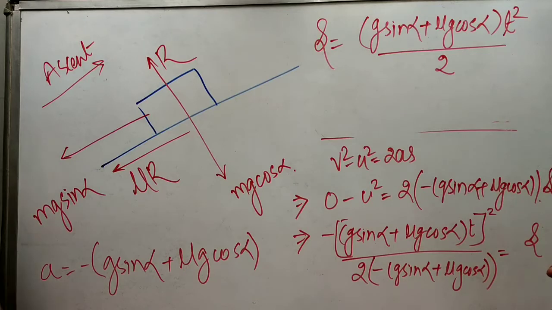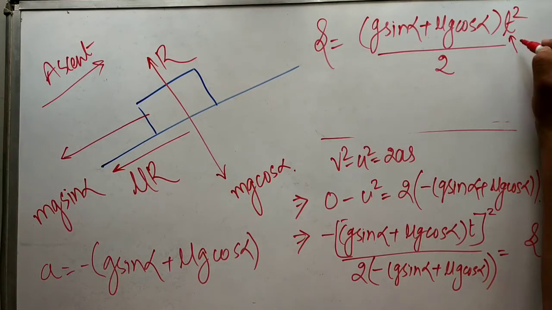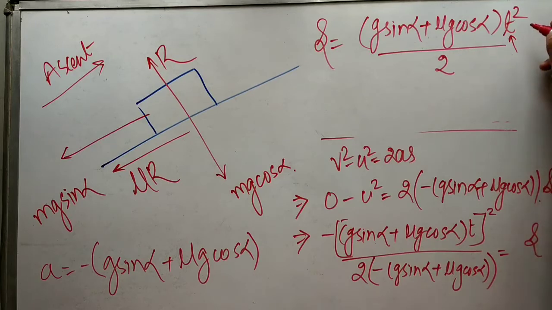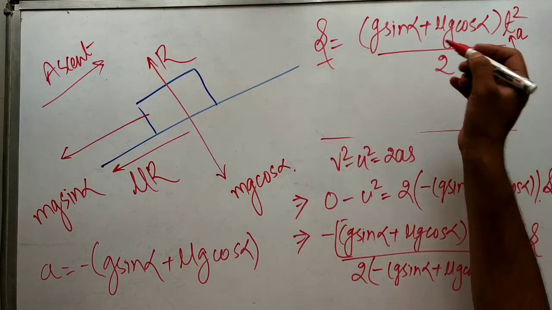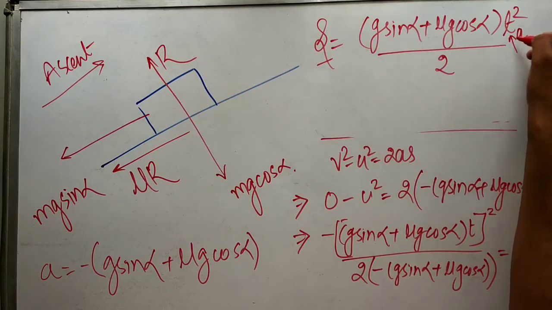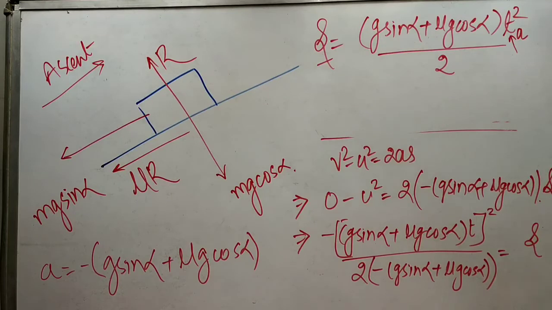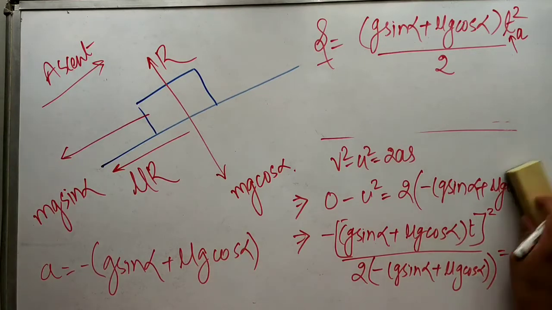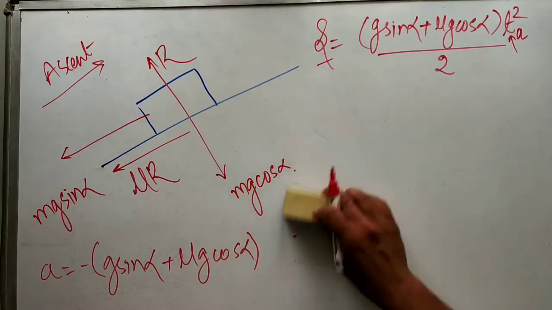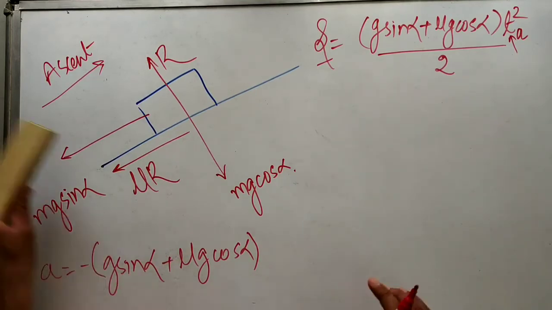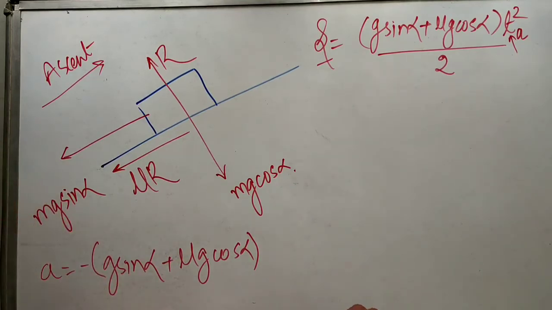Keep in mind that this t is the time of ascent, so we are going to put a subscript a here just to keep it clear. So the distance traveled by the block, s, will be equal to this much times ta square divided by 2. Okay.